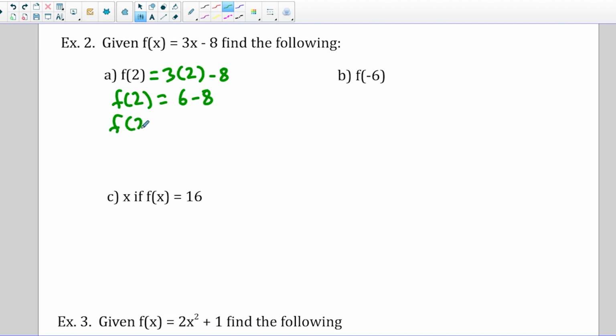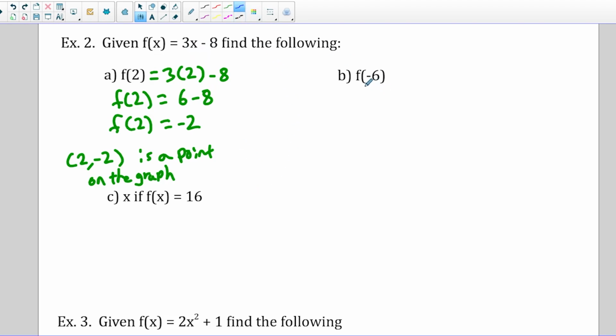So f of 2 is equal to negative 2. So we can basically state that our input of positive 2 gives us an output of negative 2. And all that really means for us is that the point (2, negative 2) is a point on the line, or a point on the graph of 3x minus 8.